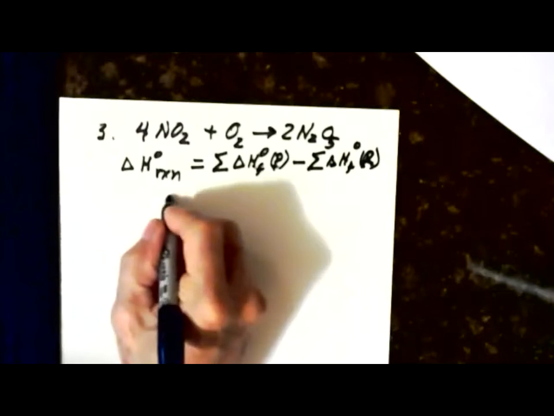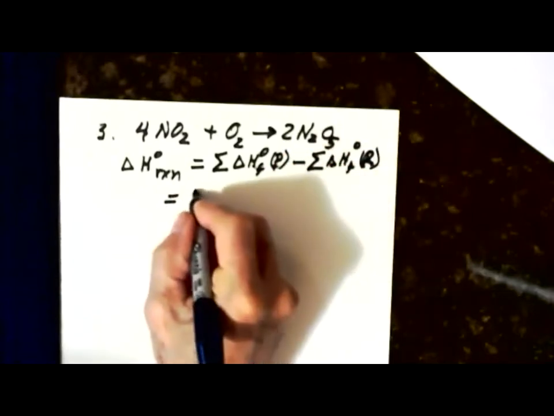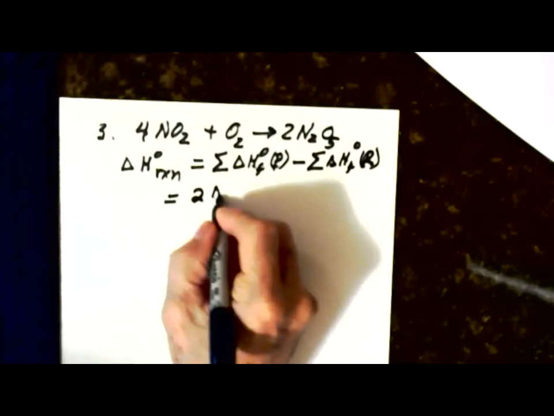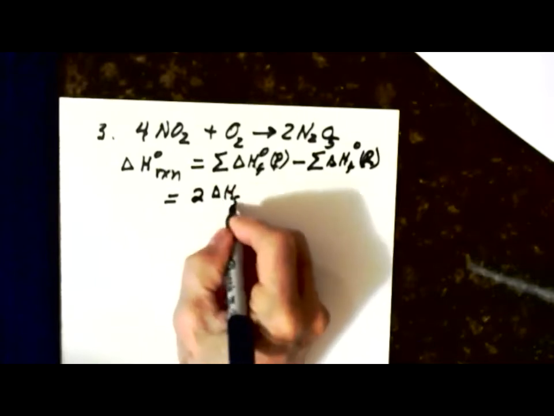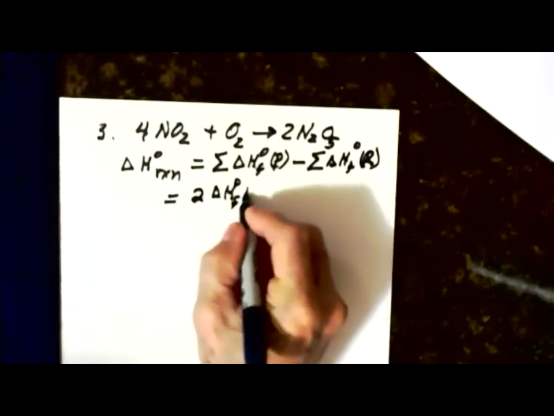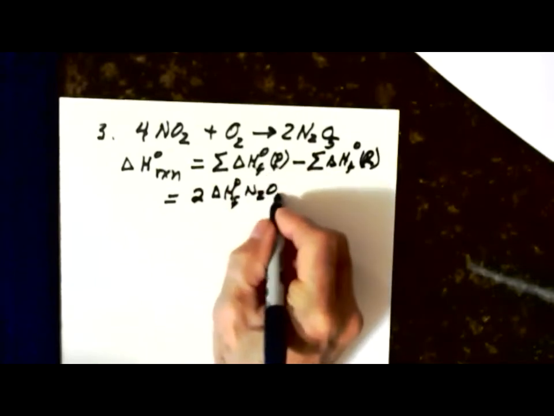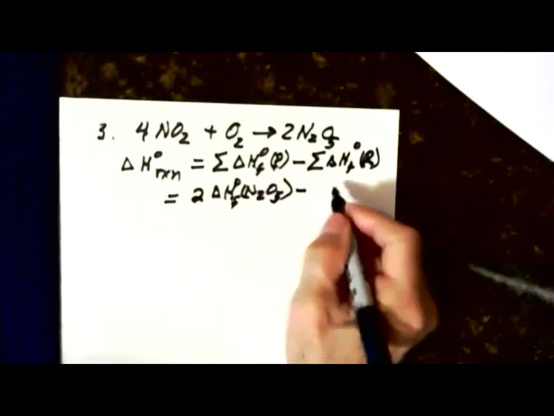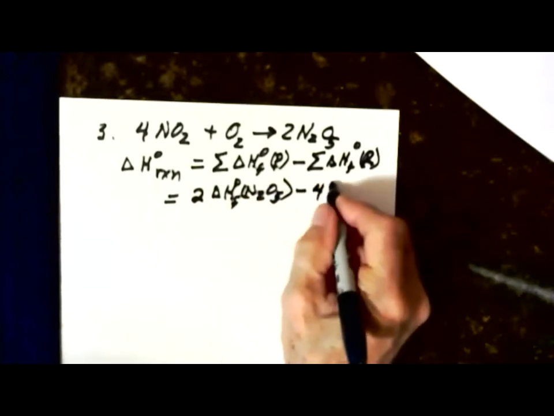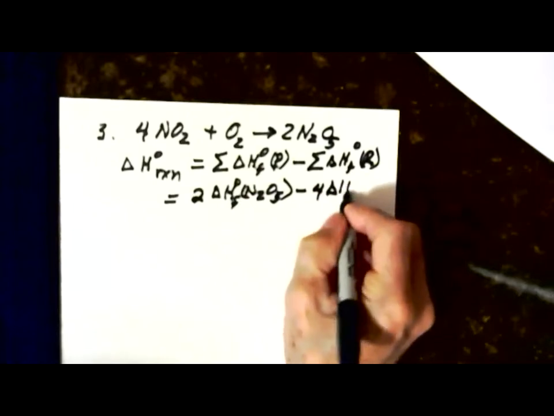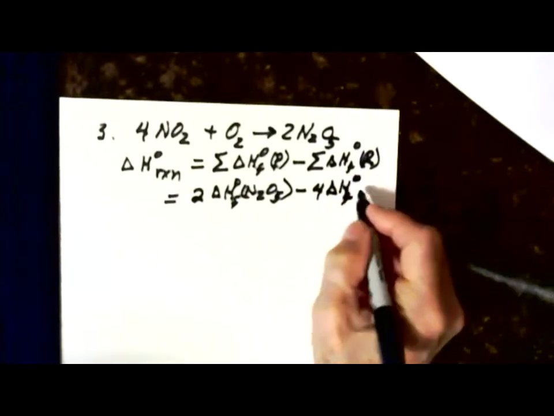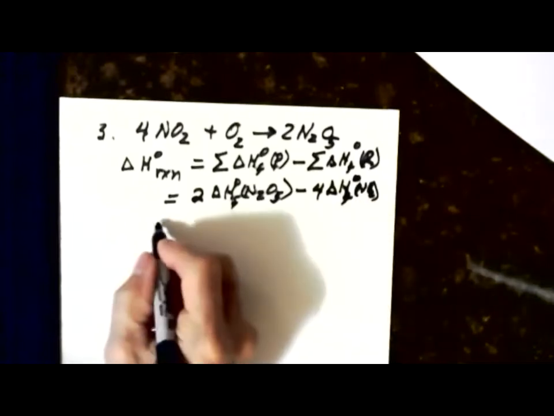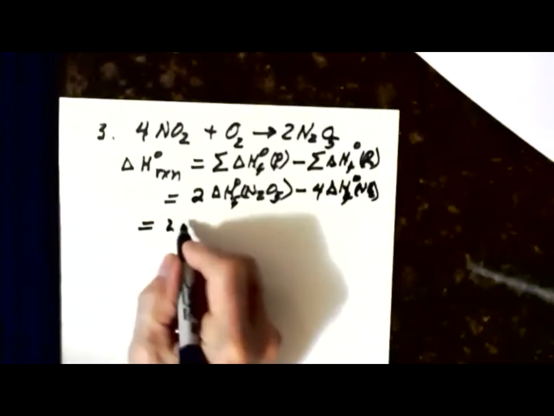So that's going to be 2 times the delta H of formation of N2O5 minus 4 times the delta H of formation of NO2.